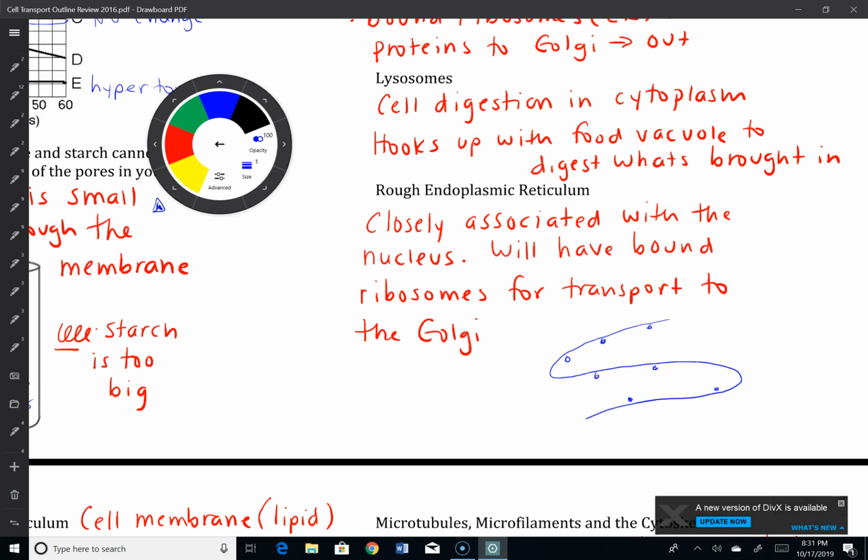We're going to change this to the production of proteins, which we just said. And those proteins are going to ultimately get transported to the Golgi. We're going to talk about the Golgi in a second. So you make the polypeptide chain, or the soon-to-be protein, package it into a vesicle, and head it off to the Golgi.